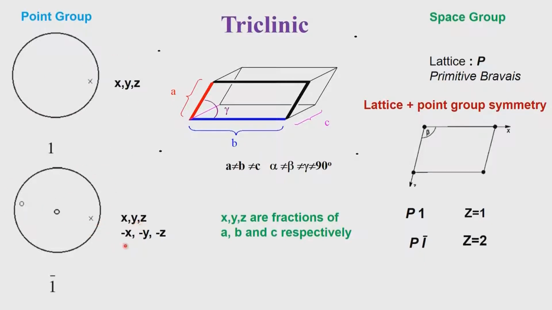X, Y, Z becomes minus X, minus Y, minus Z. These two are equivalent to each other from the symmetry operation, whereas X, Y, Z is by itself independent of it. So, that represents the asymmetric unit, the unit in which there is no symmetry operation, and when we operate the symmetry operation, it becomes the equivalent point in the space group P1 bar.